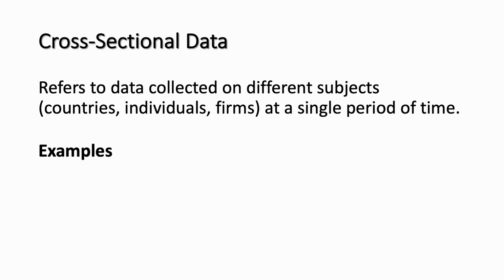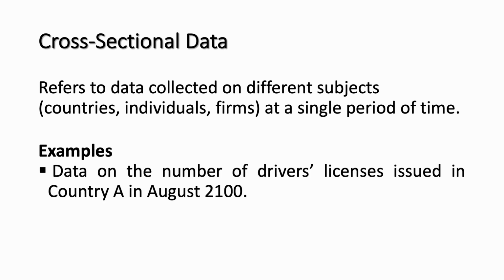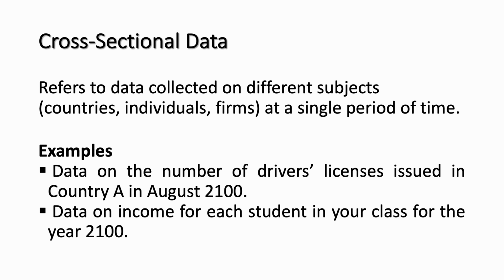Examples of cross-sectional data include data on the number of driver's licenses issued in country A in August 2100, or data on income for each student in your class for the year 2100.